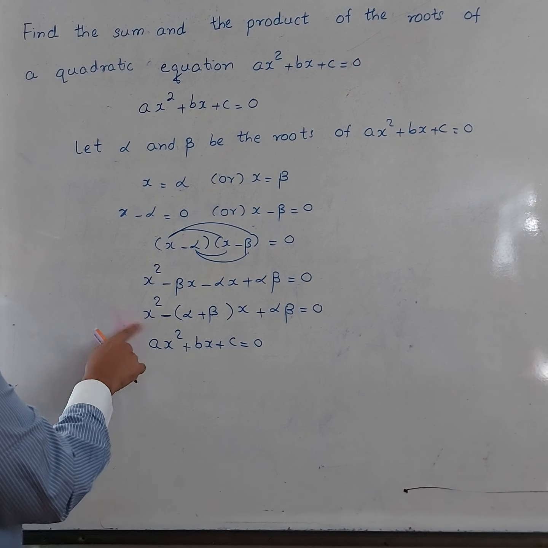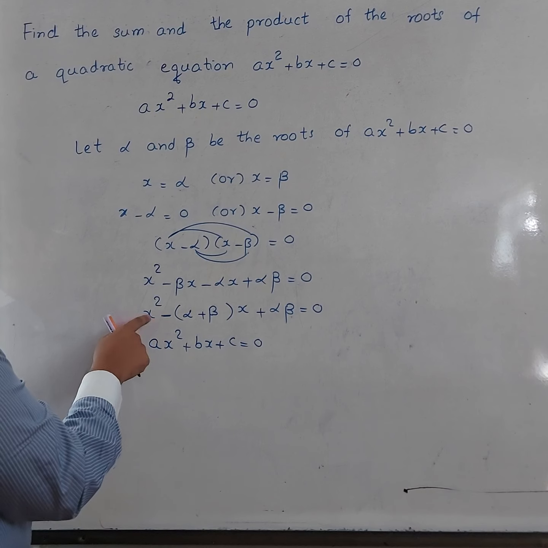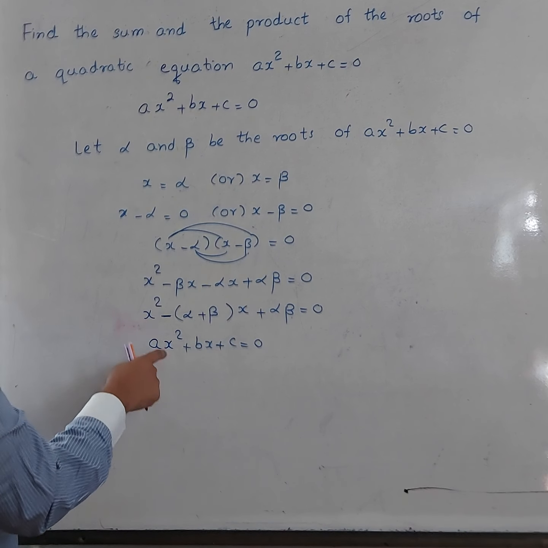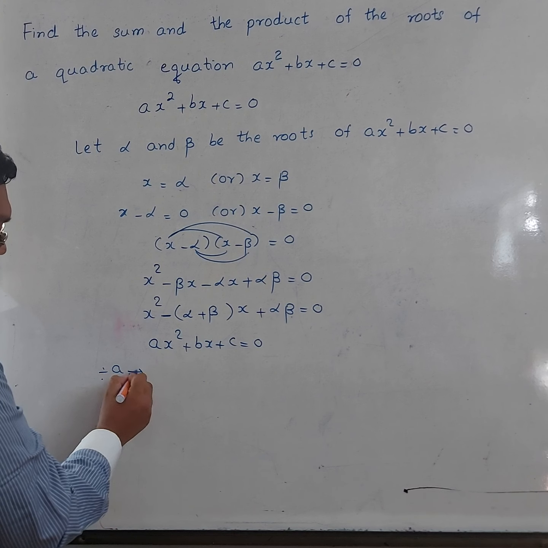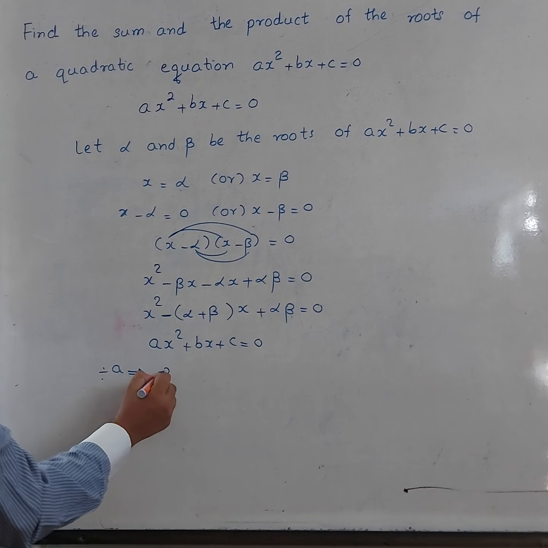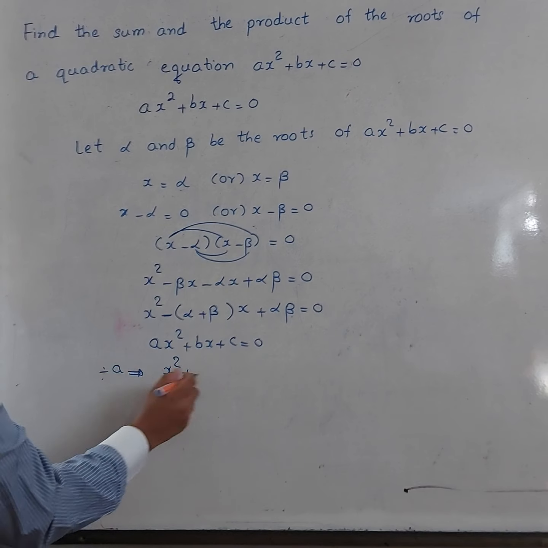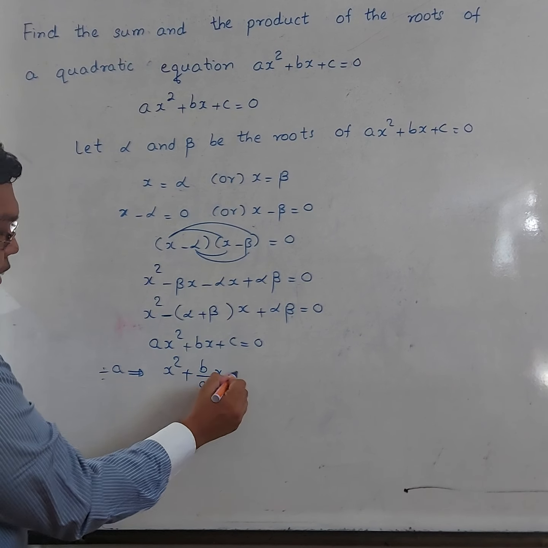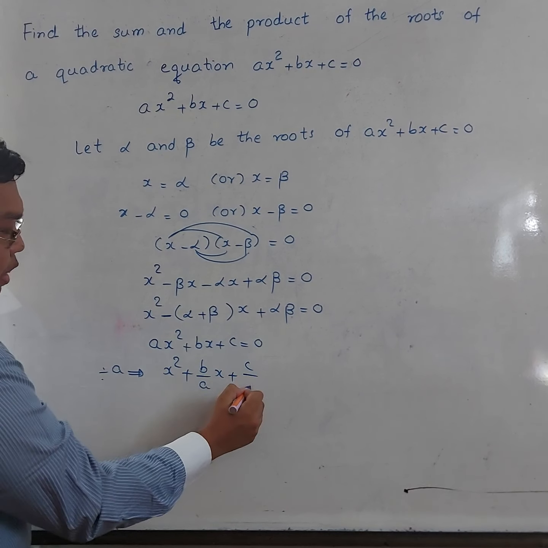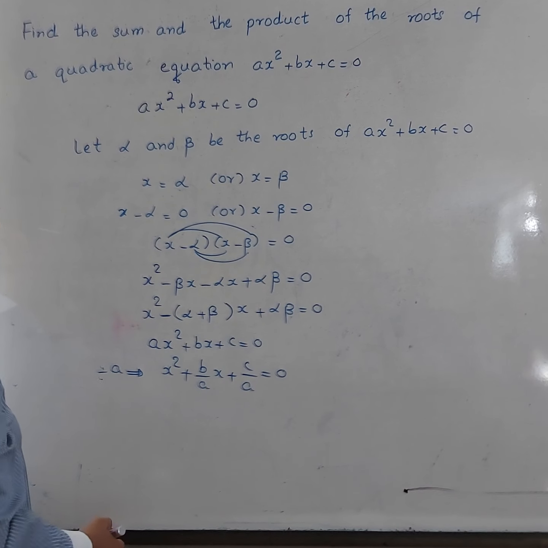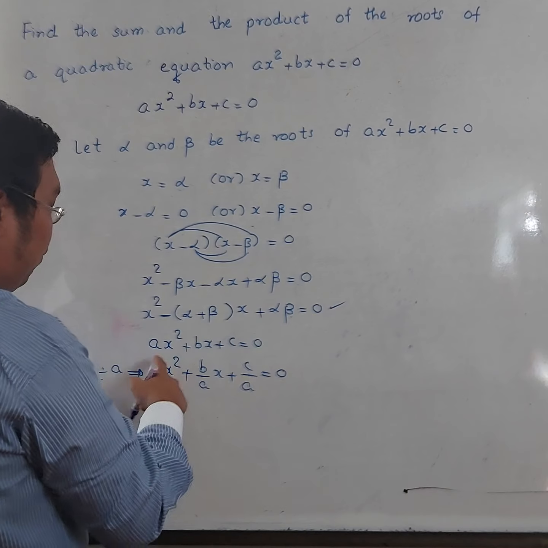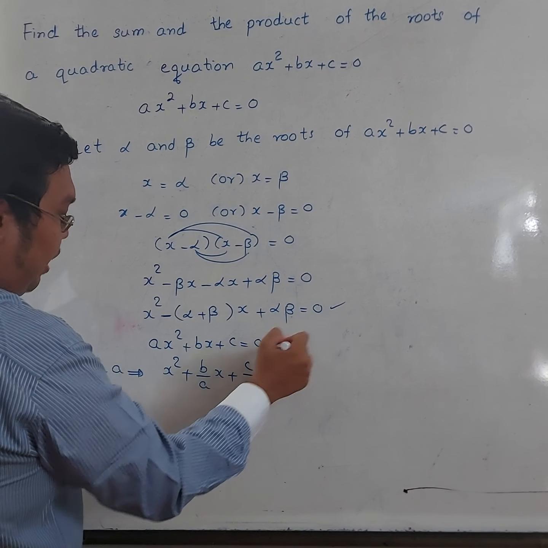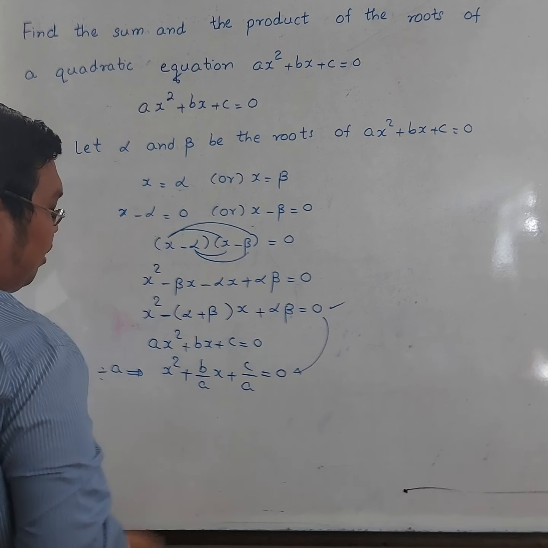For simplifying, we need to divide by a. So x squared plus b by a x plus c by a equal to 0. So we need to compare the equation we get with the original equation, right?